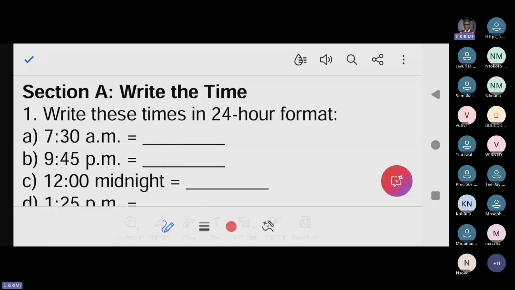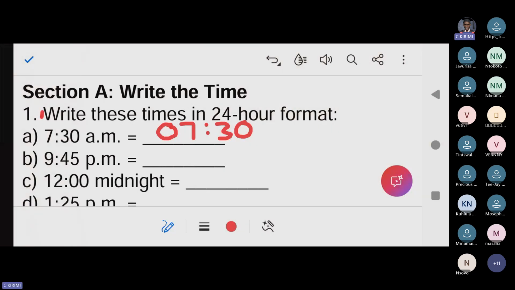So in terms of 24-hour, you start with a 0, then you put your colon, then it will be 30, and you don't write a.m. in 24-hour format, because it's in the morning and it has a 0 there in the place for the hours.